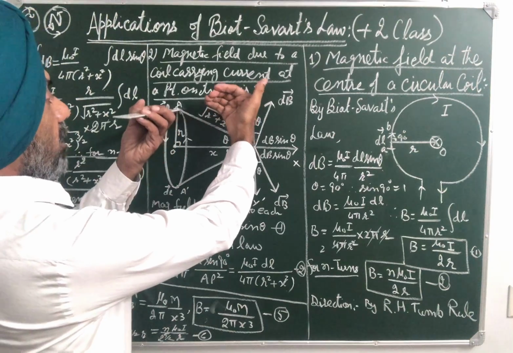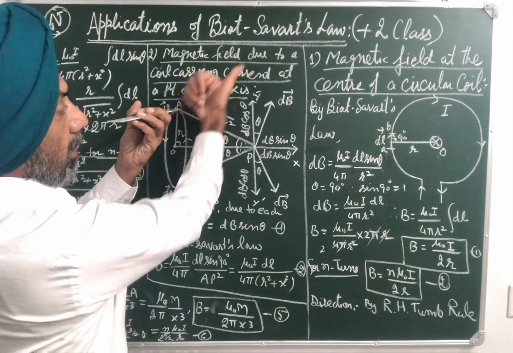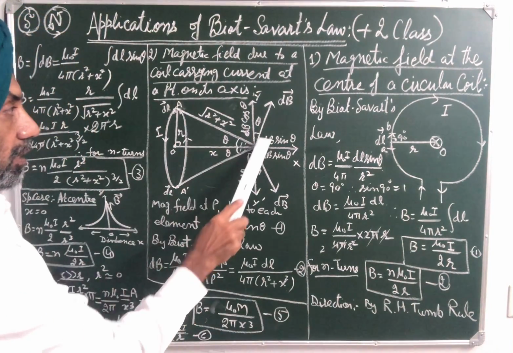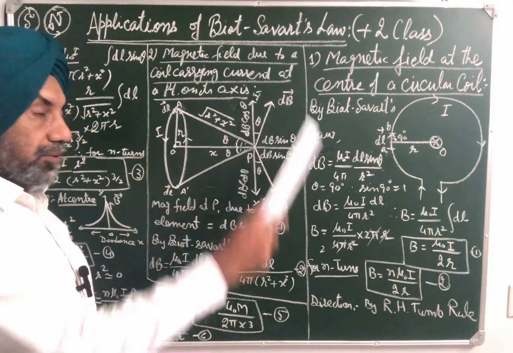The current is coming out, so dl cross r will be like this. For dB, the length is the same and the current is the same, so the magnitude will be the same, but the direction will be different.